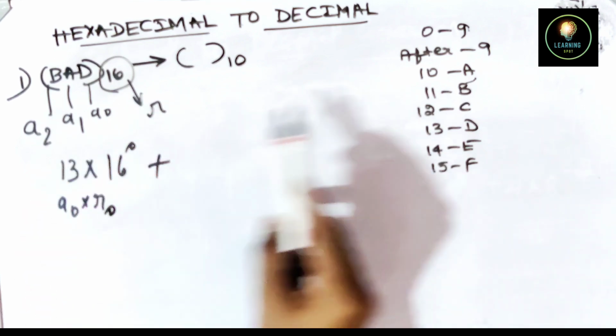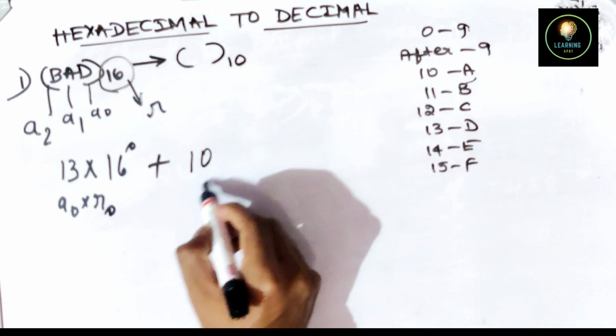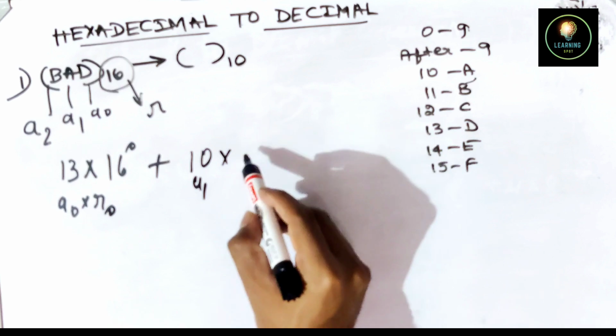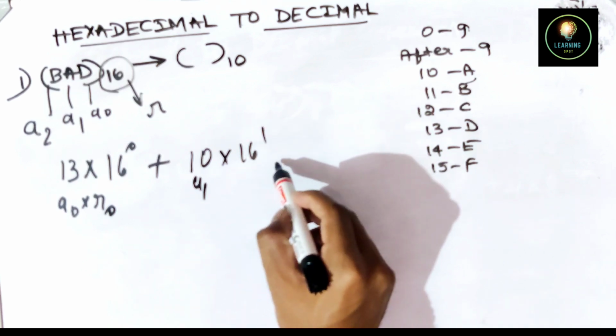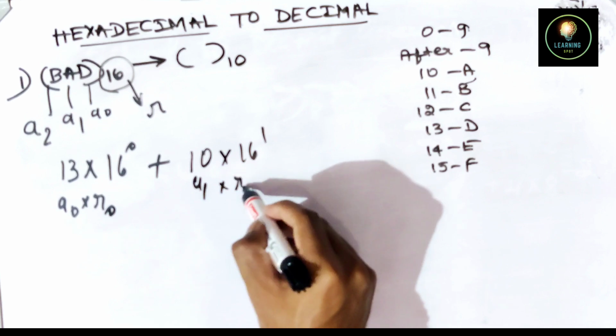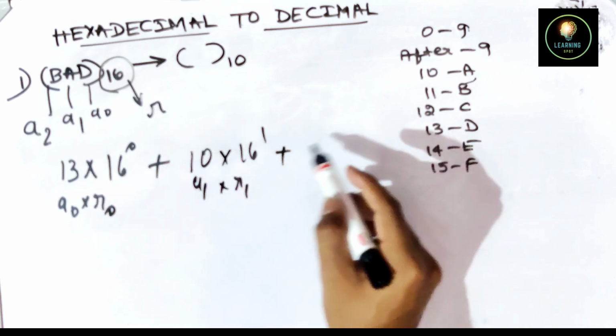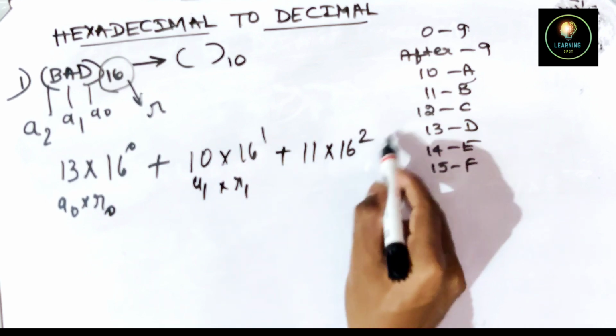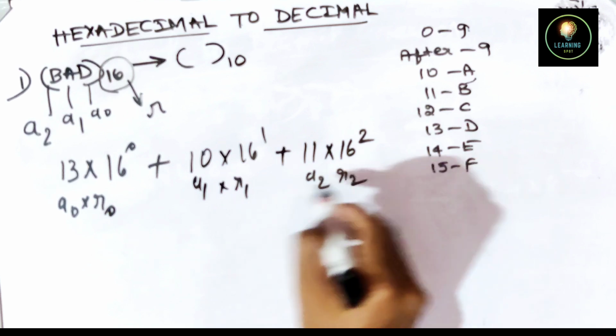Plus, what is the value of A? A is nothing but 10. This is A1, into, what is the value of R here? 16 raised to the power of 1, because it is A1, plus B is nothing but 11 into 16 squared. This is A2, R squared.